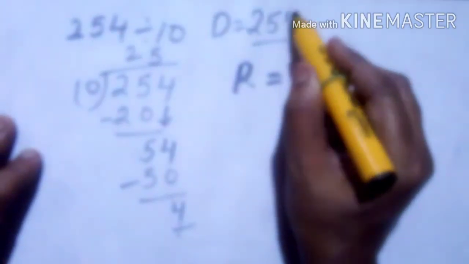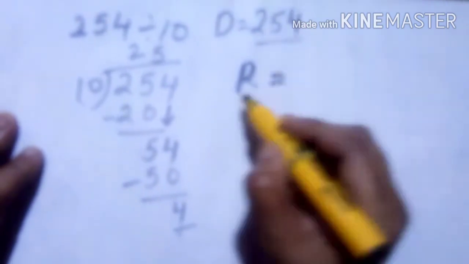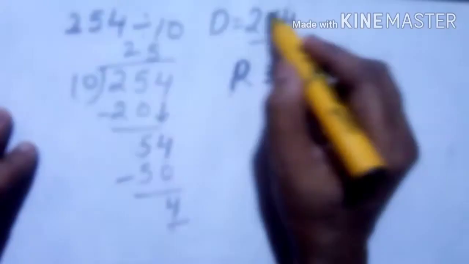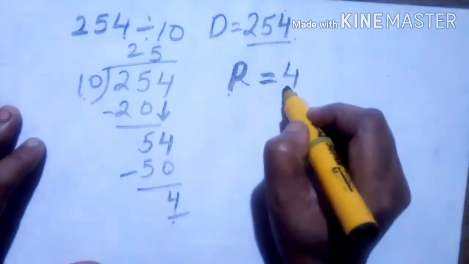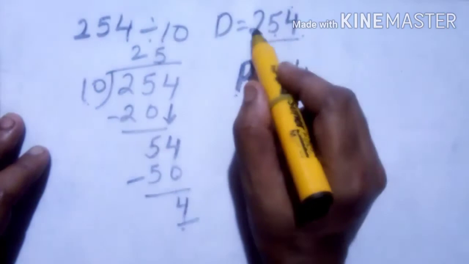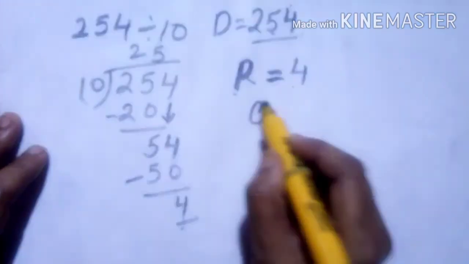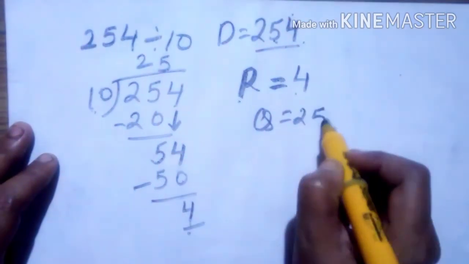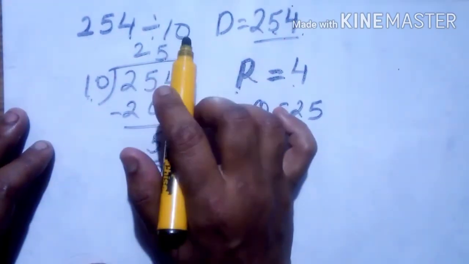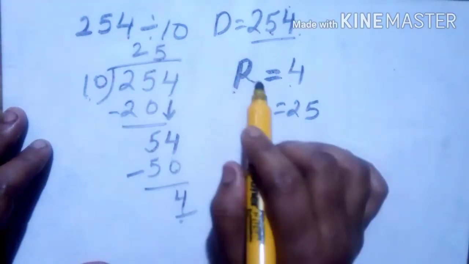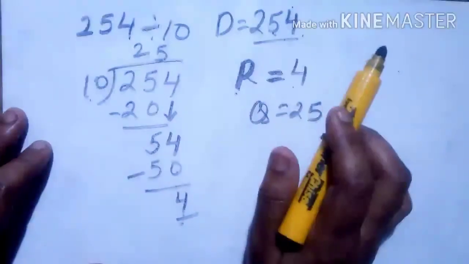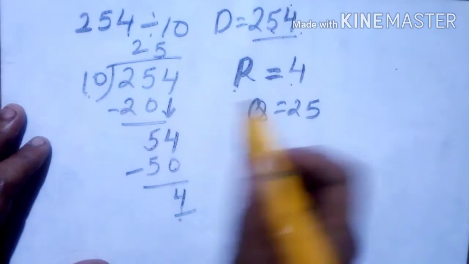The ones place of this dividend is 4. So the remainder will be 4. The ones place of the dividend is the remainder, and the rest of the digits, that is 25, will be the quotient. So the quotient is equal to 25. Whenever you divide any number by 10, the remainder will be the ones place of the dividend, and the quotient will be the rest of the digits.